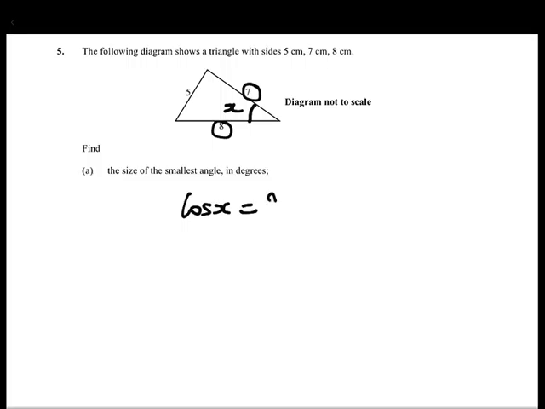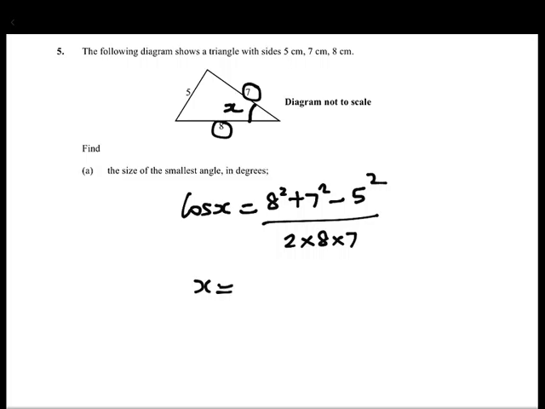So 8 squared plus 7 squared minus the remaining side, 5 squared, divided by 2 into 8 into 7. So x is cos inverse of this expression, which is approximately 38.21, so 38.2 degrees.